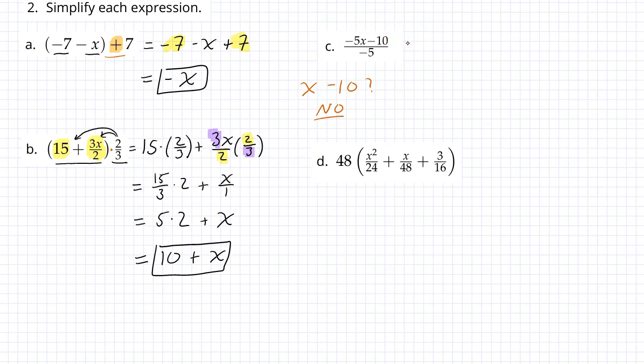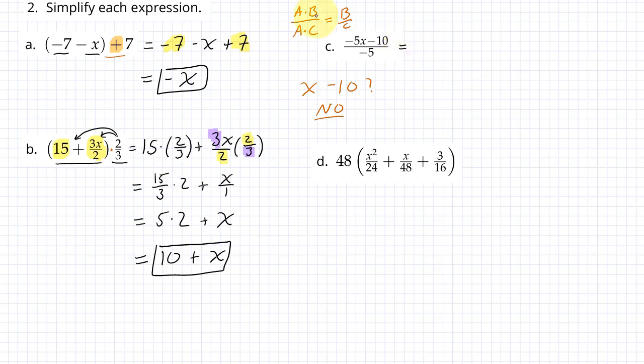And to cancel out a fraction, it has to be written in this form, something like a times b divided by a times c, and that has to be multiplication. And then you can cancel out the a's and get b over c. But the top of this is not written as negative 5 times something, because this minus in between messes it up.